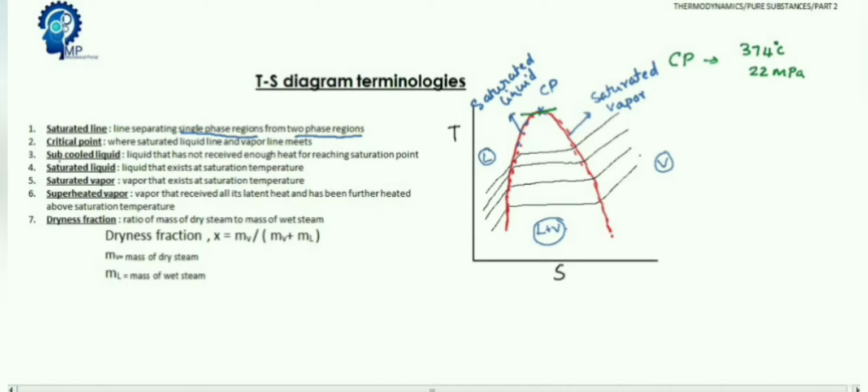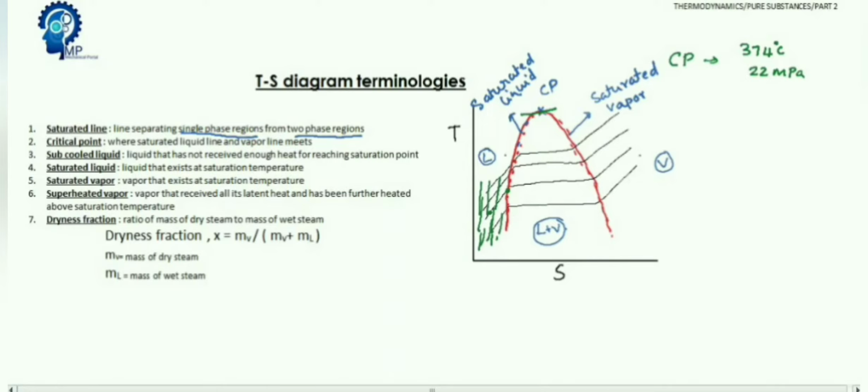Now we are looking at subcooled liquid. Subcooled liquid is the liquid which doesn't attain the energy to reach the saturation temperature or saturation point. So this is the subcooled liquid region. Here the liquid doesn't have enough energy to reach the saturation point.